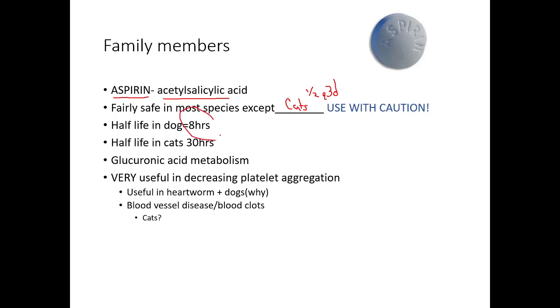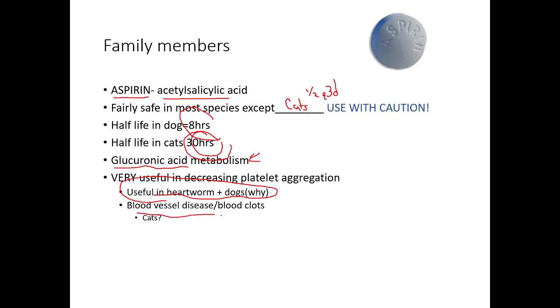Half-life in dogs is 8 hours. Half-life in cats is 30 hours. That's a long time. It's because of their glucuronic acid metabolism. They don't have it in their liver, so it messes that whole thing up. It's very useful in decreasing platelet aggregation, so it can be useful in heartworm in dogs.